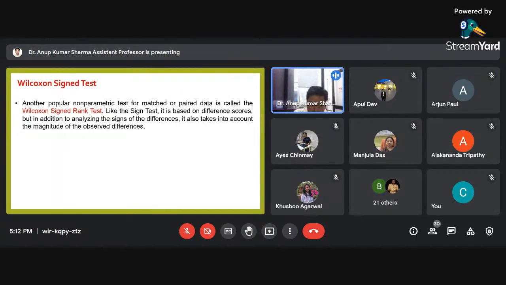Last is the Wilcoxon test, which is included because it is important. Before the Wilcoxon signed rank test, we need to study the sign test.